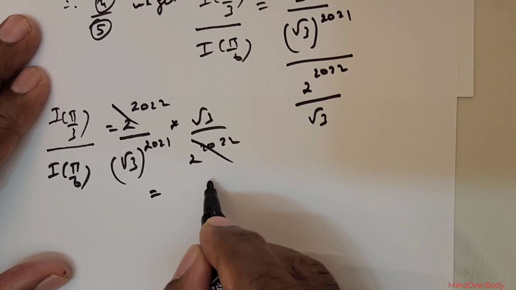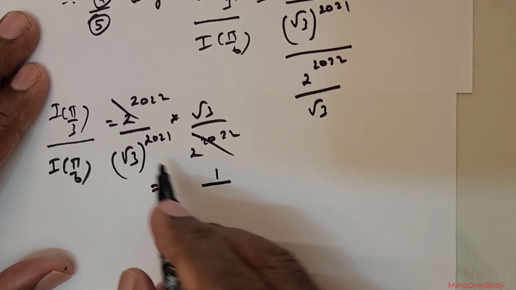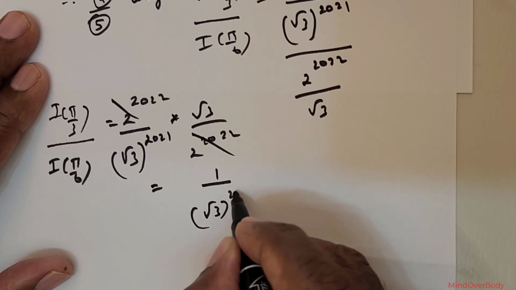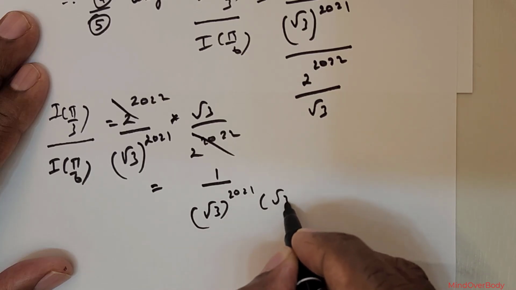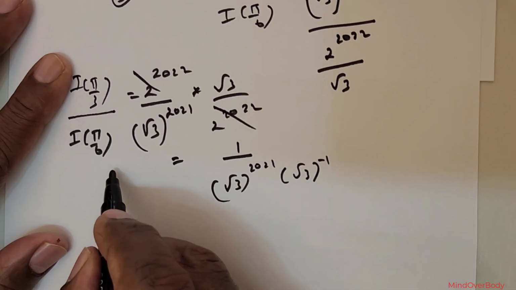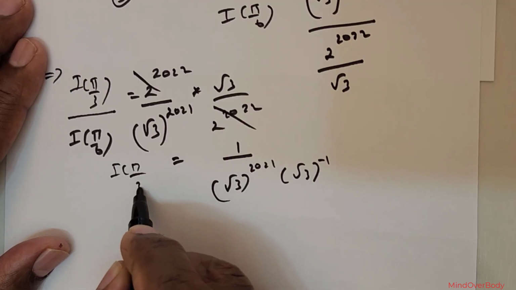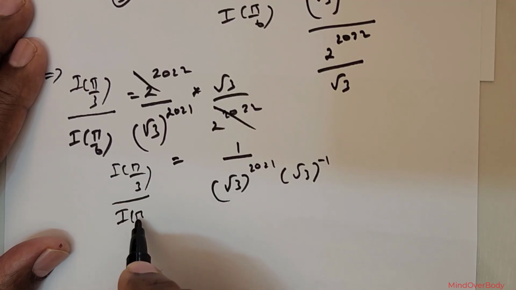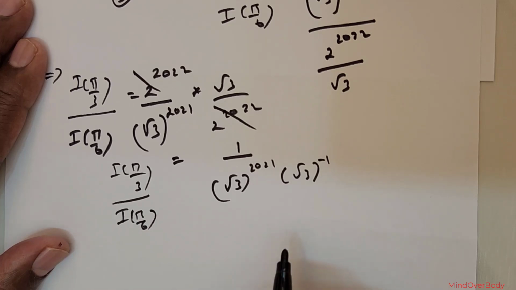Now what I would do is I would bring this to the denominator. So you got 1 over root of 3 raised to the power of 2021. This is going to be root of 3 raised to the power of negative 1. On the left you have I of pi over 3 divided by I of pi over 6.